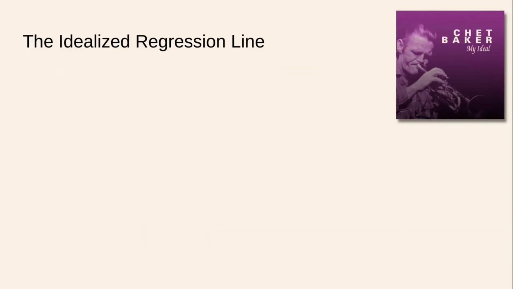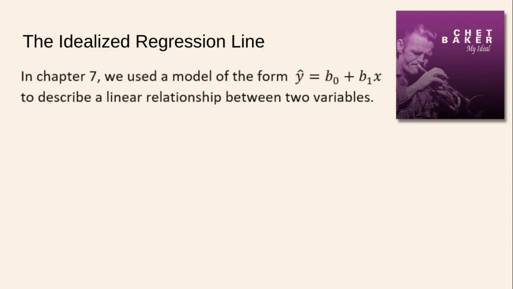So now we're going to talk about something called the idealized regression line. The regression line that's perfect, the idealized regression line. In Chapter 7, we used a model of the form y hat equals b sub 0 plus b sub 1 times x to describe a linear relationship between two variables.